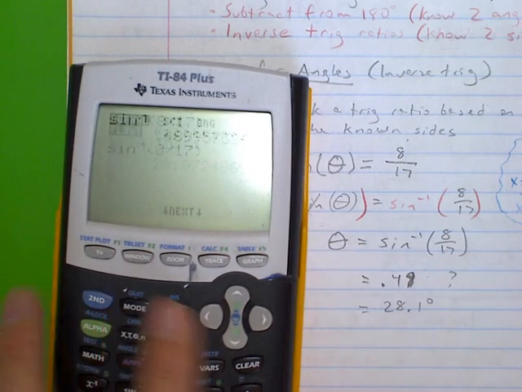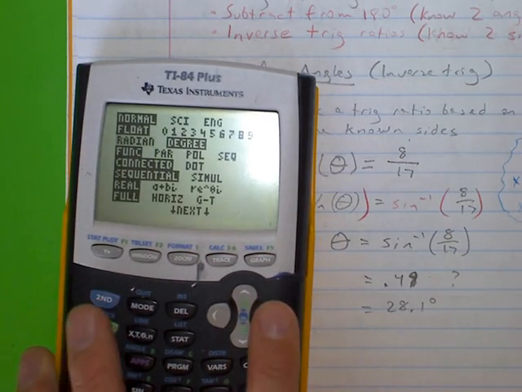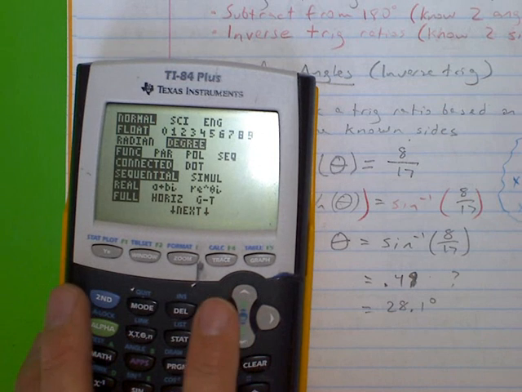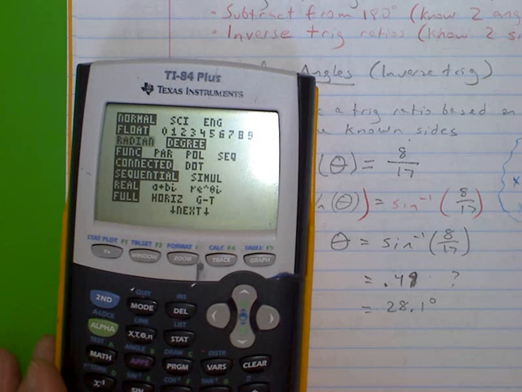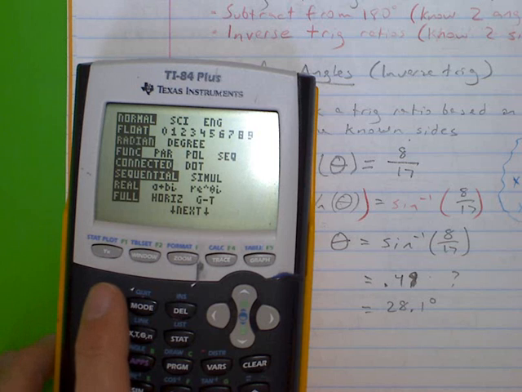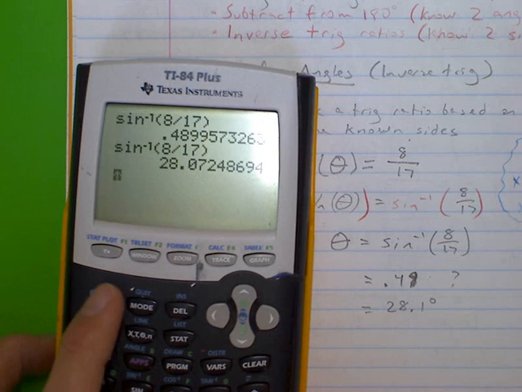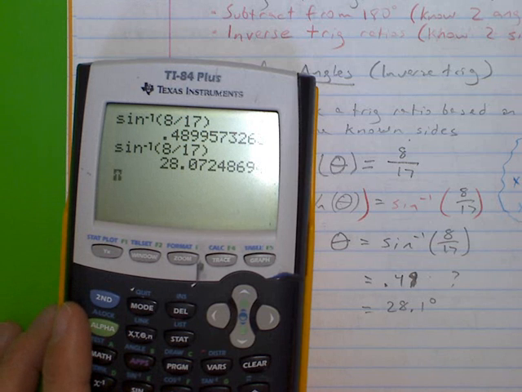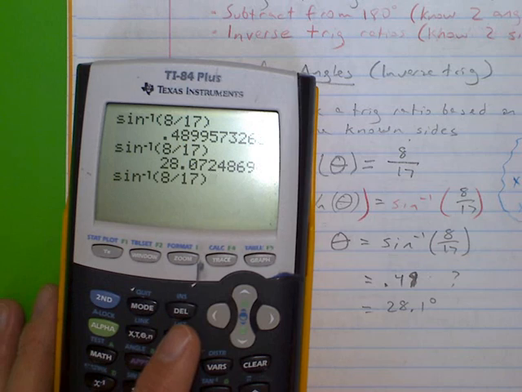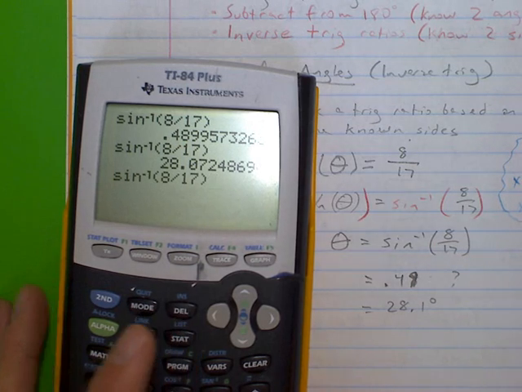And it gave me degrees because my calculator is in degree mode. But if I put my calculator in radian mode, which is another way to measure angles, it's not cheating, it just depends on what answer I want. I made it give me the answer that I wanted, which in this case was both of them.